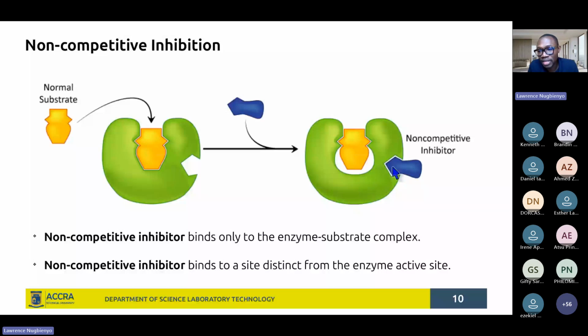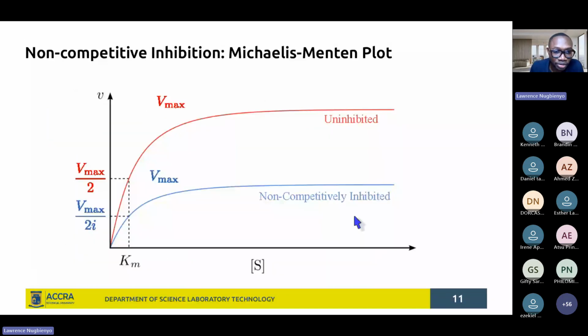And once it binds to that, it renders the enzyme-substrate complex inactive. It cannot proceed to the formation of a product. So that is the non-competitive inhibition.